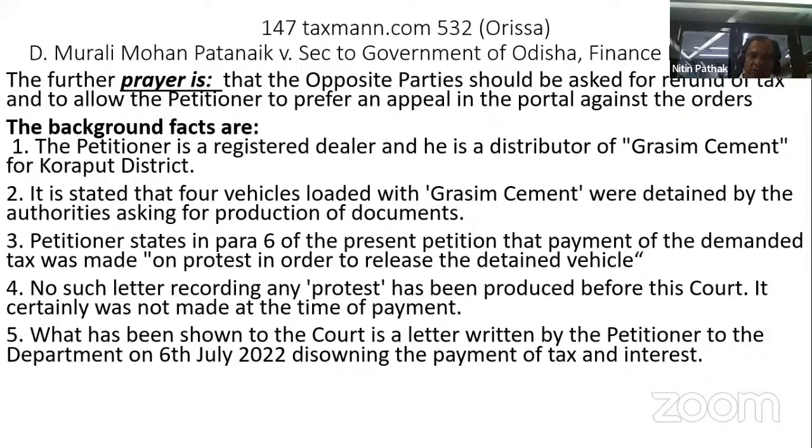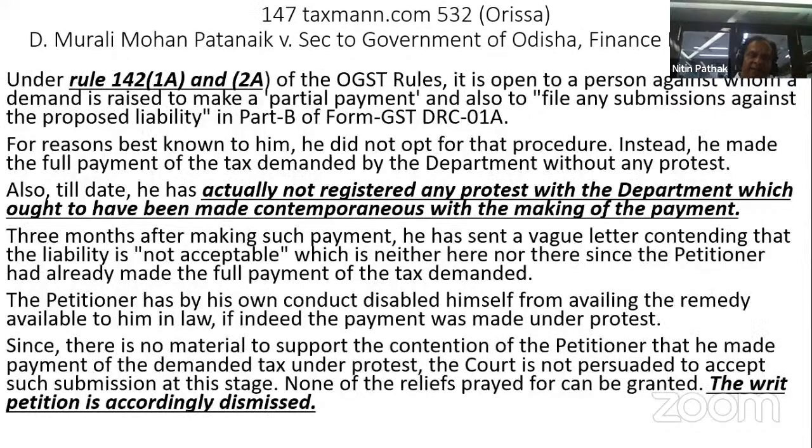The court noted a written letter by the petitioner dated 6 July 22 disowning the payment of tax and interest. It is not clearly mentioned in the letter that the payment was at the time of payment or otherwise. Plus, there are forms also provided. Let me go to the rule also. Under Rule 142(1A) and (2A) of GST, it is open to a person against whom a demand is raised to make a partial payment and also file a submission against the proposed liability in Part B of GST DRC-01A.